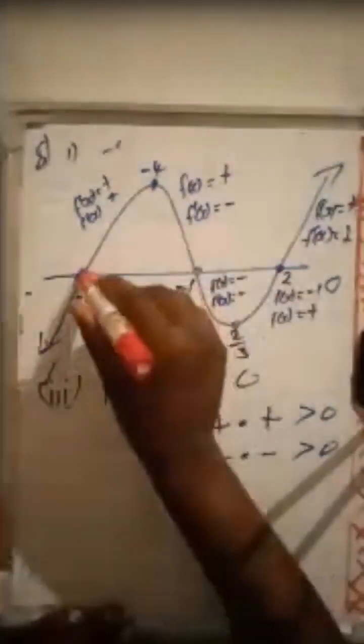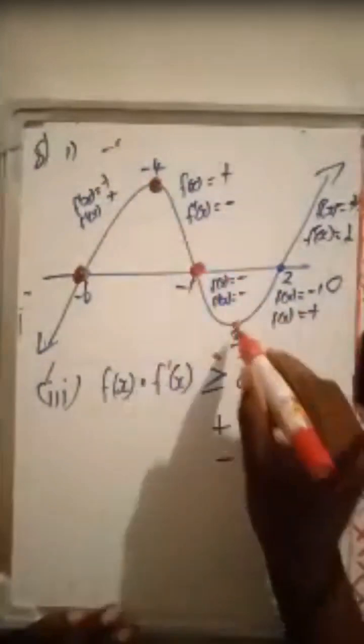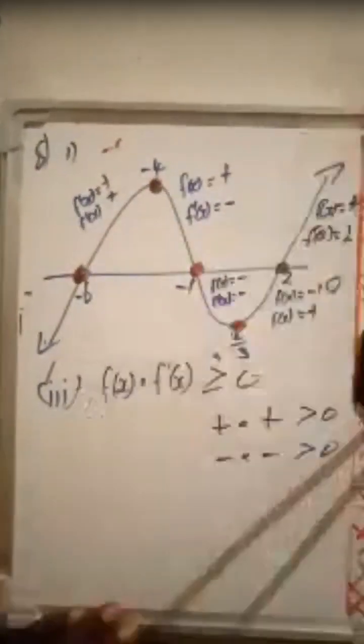I'm going to mark this one to that one, and also this one to that one. Then from there, going onwards. Okay? So we are going to have a number of regions. This one, they say O equals to 0.